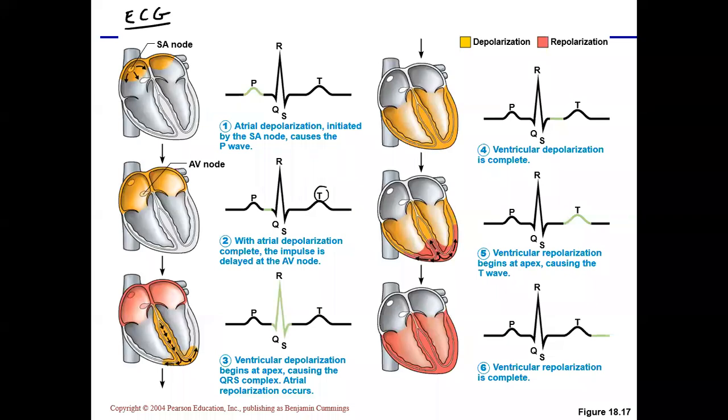Same thing with the SA node. The electrical impulse comes in, communicates with the contractile cells, then the contraction occurs. So let's take a look at the P wave. The P wave corresponds to depolarization of the SA node, which is atrial depolarization.